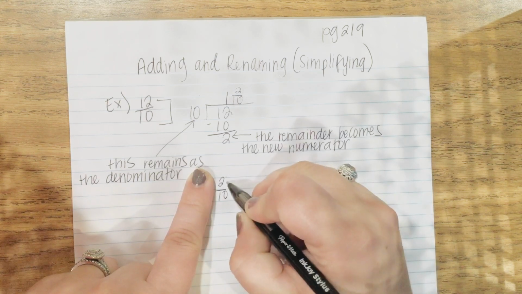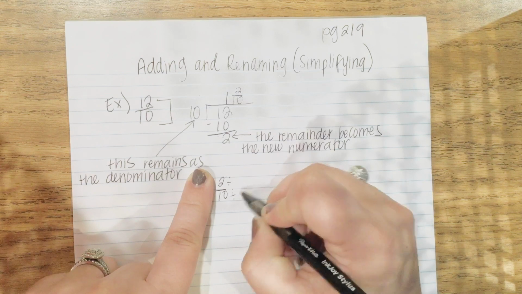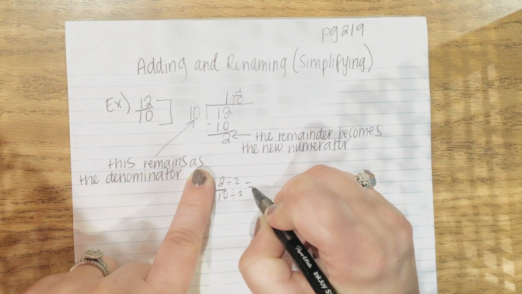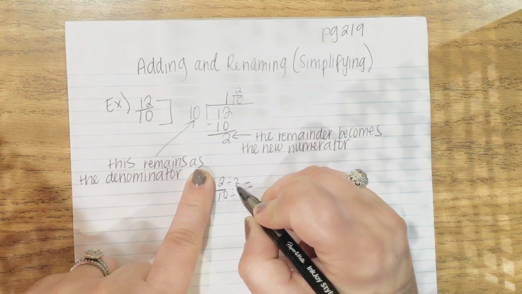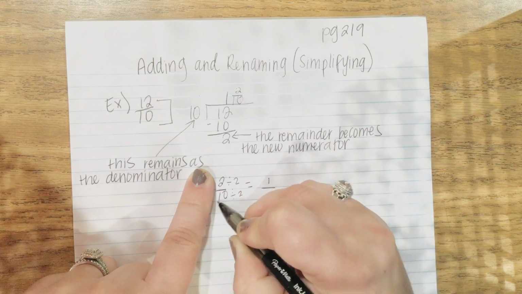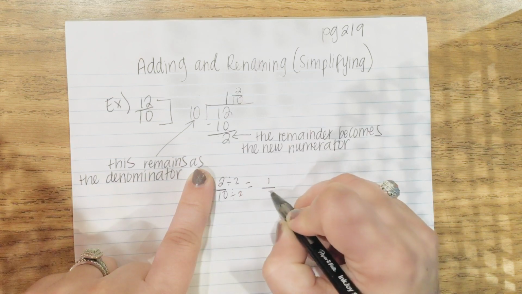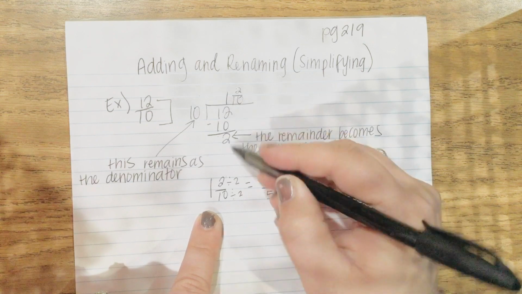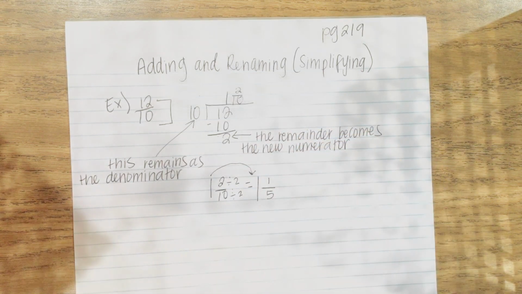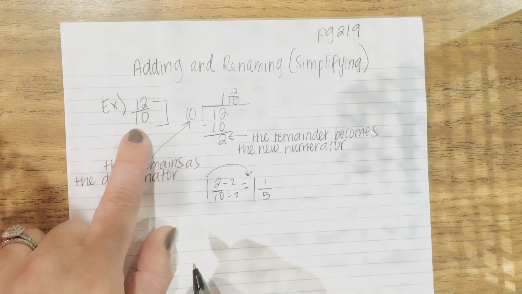So we're going to divide both the top number and the bottom number by 2. 2 divided by 2 is 1. 10 divided by 2 is 5. Now we have to bring over this 1. We can't forget about him. And that's going to be our new mixed number based off of this improper fraction.